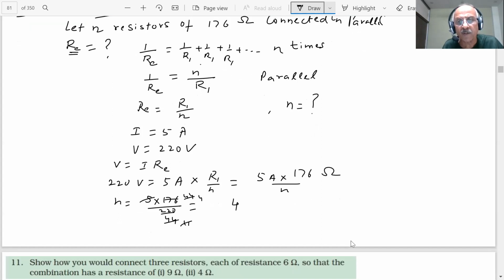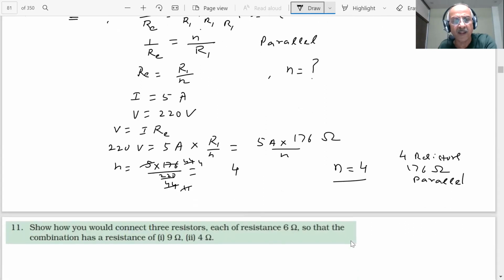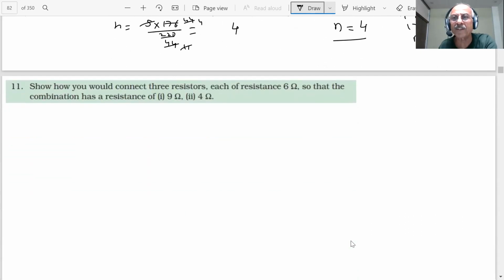So n is equal to 4, student. Answer: n equal to 4. 4 resistors of 176 ohms be connected in parallel, student. Okay, thank you very much for giving the correct answer.